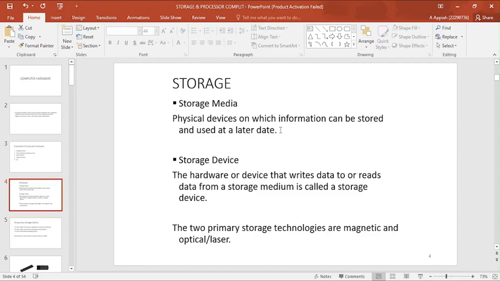So these are two significant terminologies we need to be aware of. Now, when it comes to storage too, there are two main technologies to talk about: the magnetic and the optical or the laser.